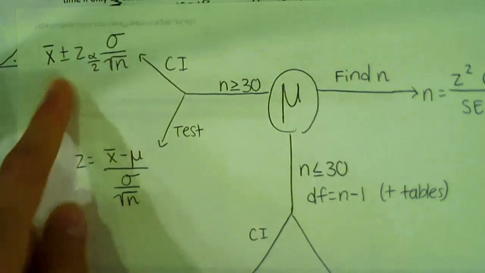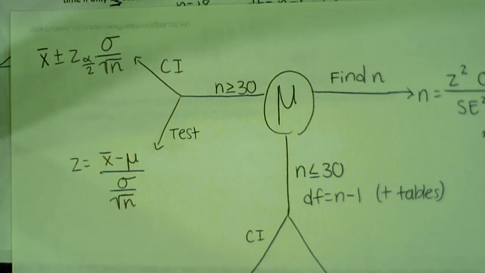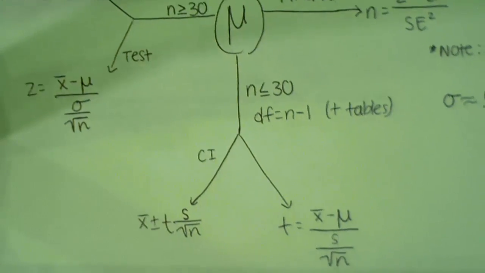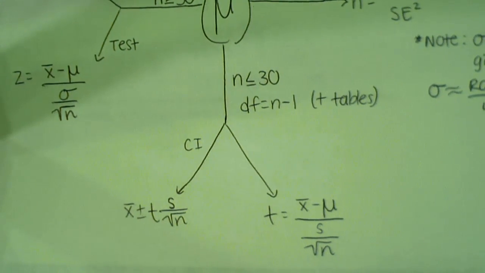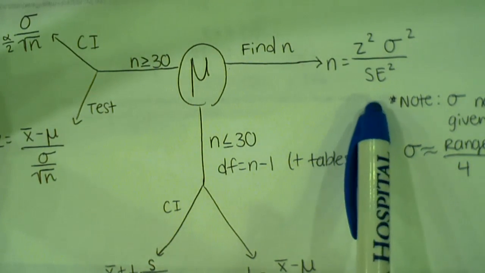We're using this, and that's what we just did in the other problem. And then these are just the formulas that we're using. So if we want to solve for n, we're going to be using this right here. Okay?